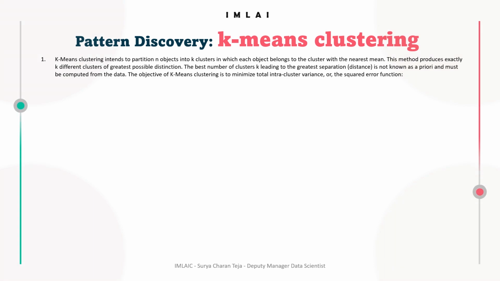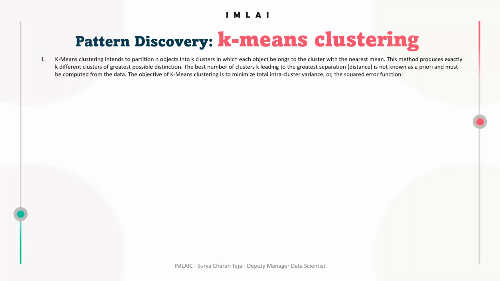K-means clustering intends to partition n objects, n data points, into k clusters, in which each object belongs to the cluster with the nearest mean.